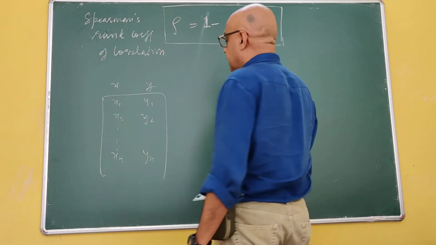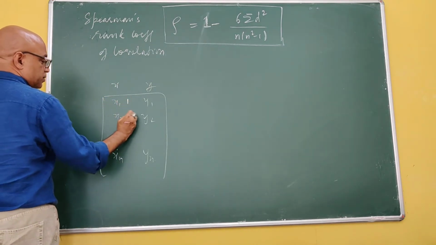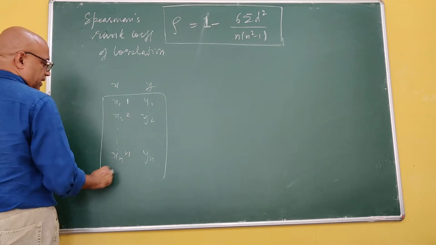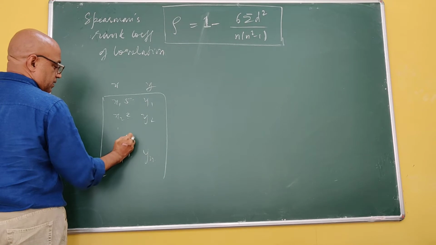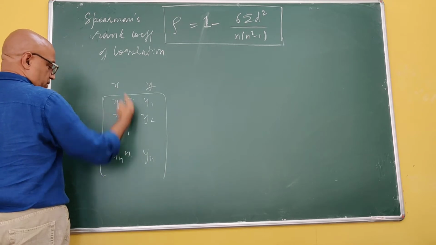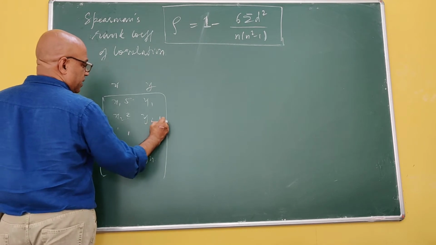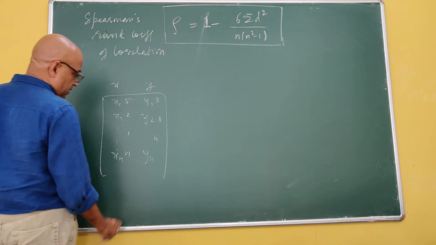But you must know that these values could be 1, 2, 3, up to n, or it could be 5 here, 2 here, somewhere there would be 1, or 1 here, 3 here, 4 here, and so on.